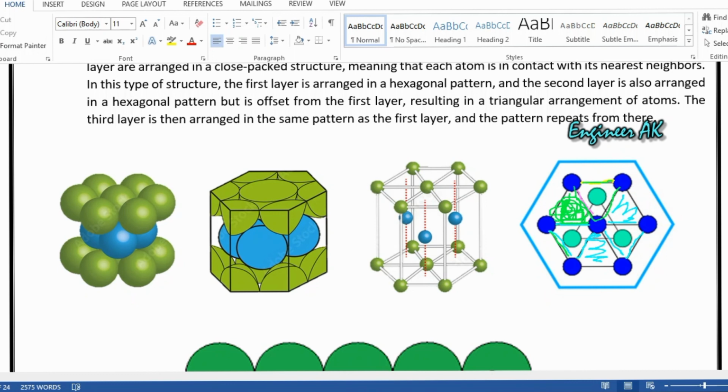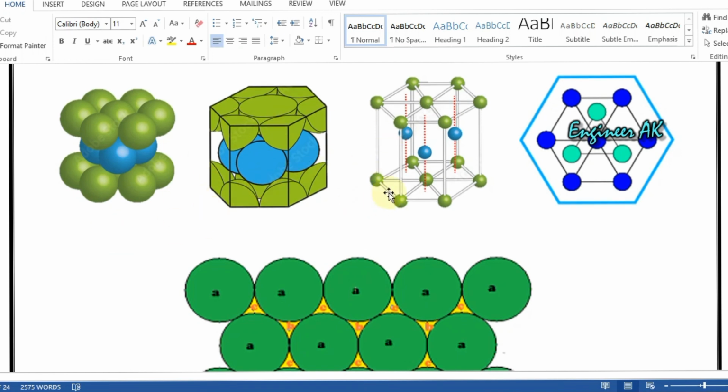So they have placed an atom in one, then they have left a triangle, then again placed an atom, then left a void space, then an atom, then a void space, then an atom, and so on. So this is how this structure is made, right? Now hope you got the idea of what the actual structure of the close packed hexagonal structure is, and how this triangle inside the unit cell is made.